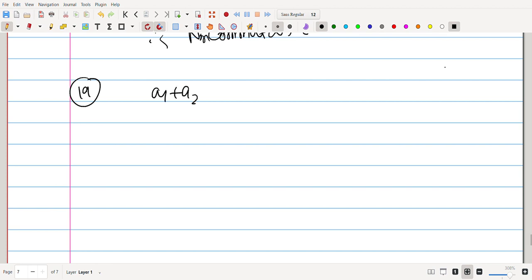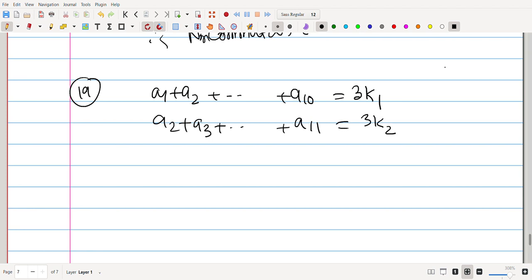That means a1 plus up to a10 equals 3k1, and a2 plus up to a11 equals 3k2. If you subtract, you will get a1 minus a11 is 3 times (k1 minus k2). That means a1 minus a11 is divisible by 3.